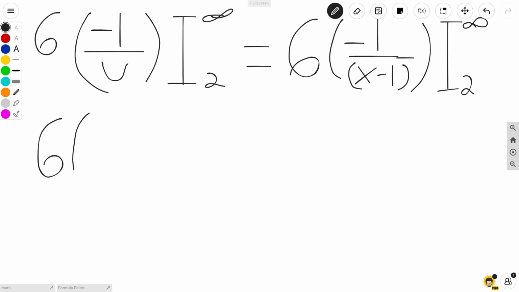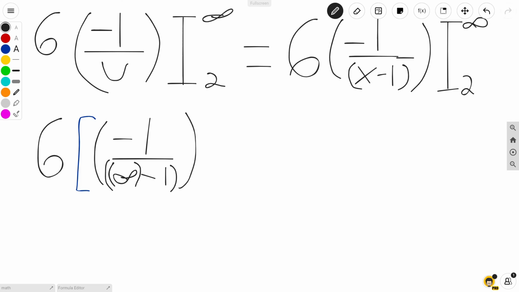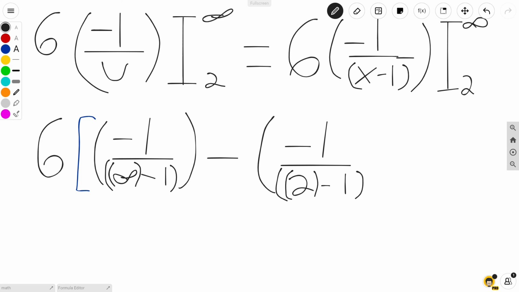So 6, and then I'll put in blue brackets, and then parentheses, negative 1 divided by infinity minus 1, minus negative 1 over 2 minus 1. And I'm putting parentheses around where I'm substituting the boundaries of integration for the x values.